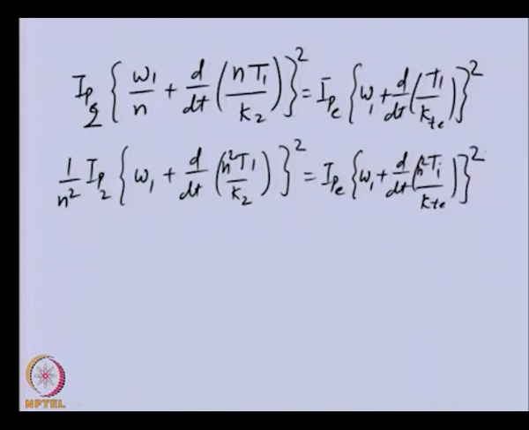Here we have converted this also into K T 2. K T e is nothing but K T 2 divided by n square, so it comes here.